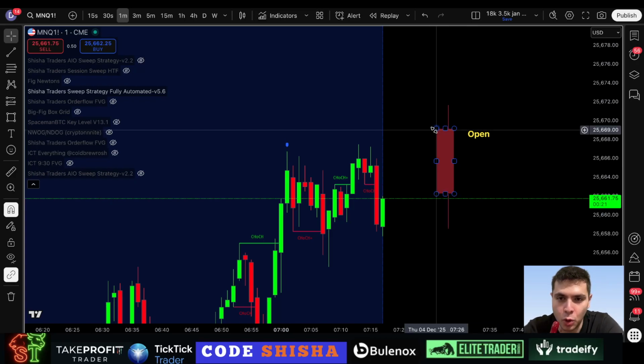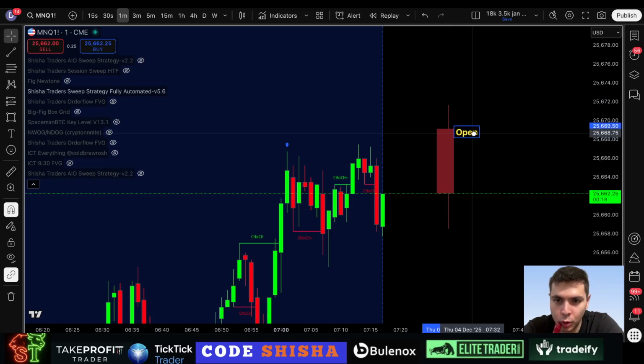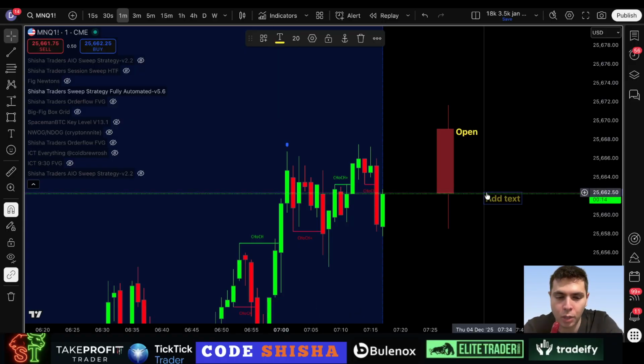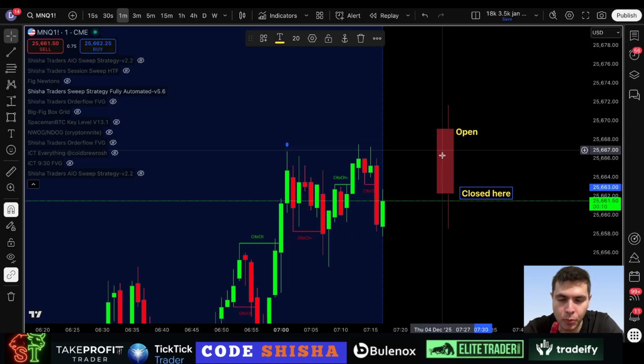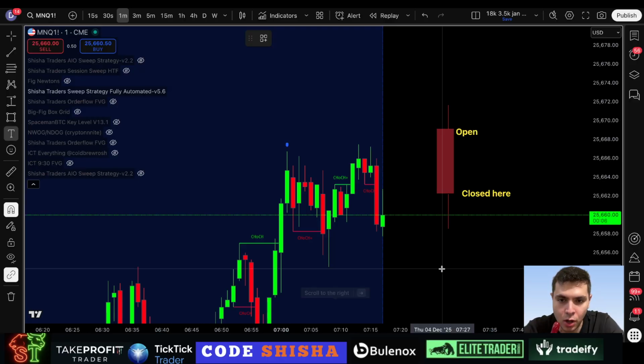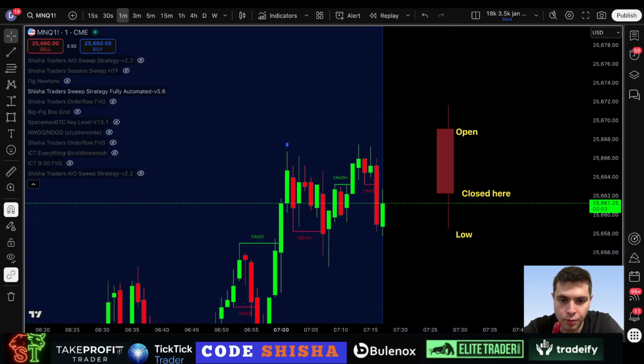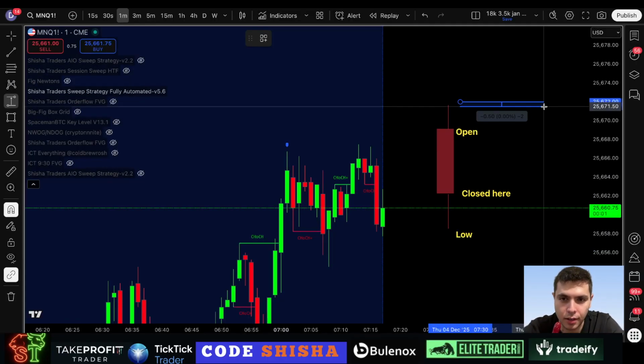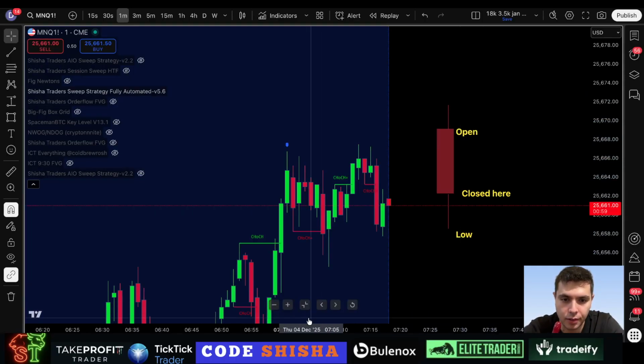If it's a bearish candle, it opens, it went down. It opened here. It closed here. The bodies will show you the open and the close. And it formed a low here. And it formed a high here.